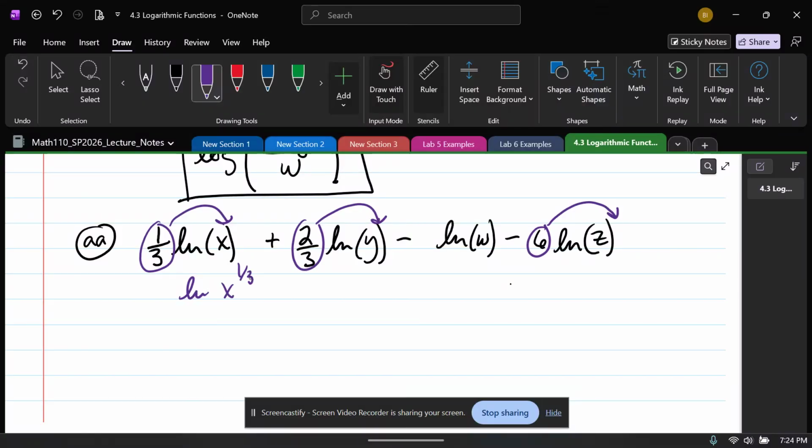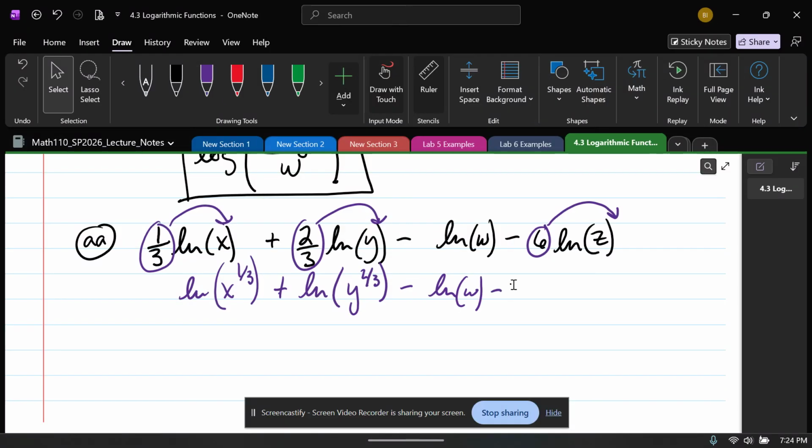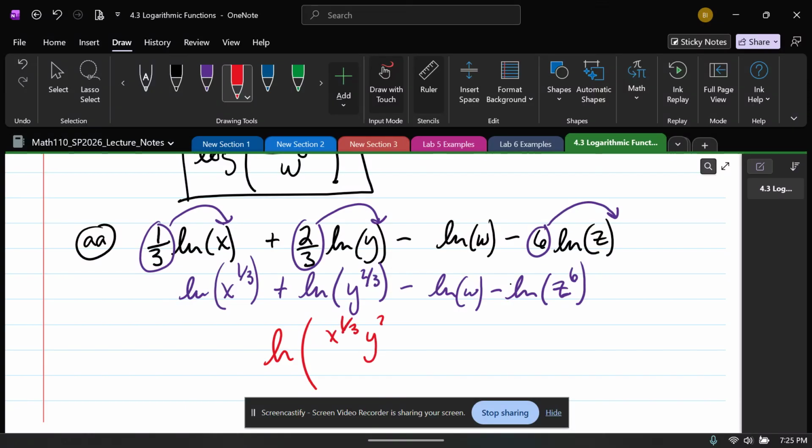X to the 1/3, natural log, y to the 2/3, natural log of w, natural log of z to the 6th. So, natural log, parentheses, x to the 1/3 times y to the 2/3 divided by w z to the 6th.